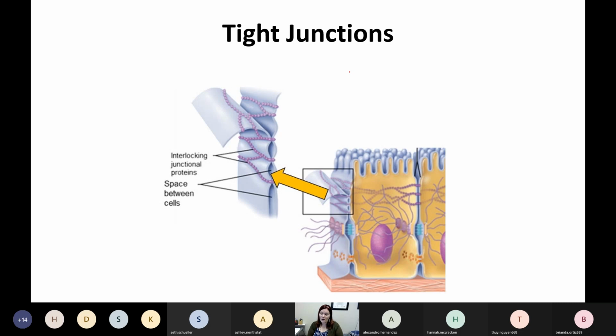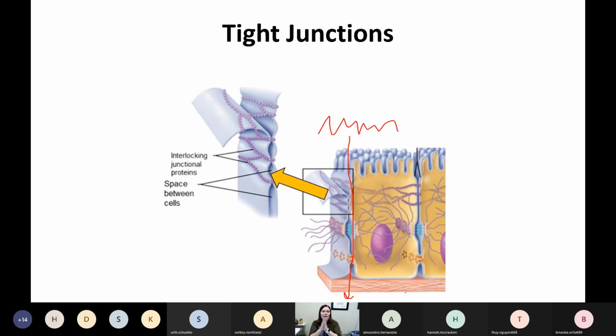Tight junctions are my connection point that helps me to move together two plasma membranes so close that they're basically fused. So the goal of a tight junction is to waterproof your skin, to make sure that if there's some water out here next to my cells, that water can't just sneak down in between my cells and go into my body.